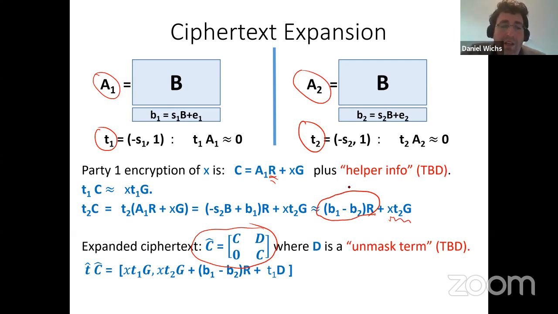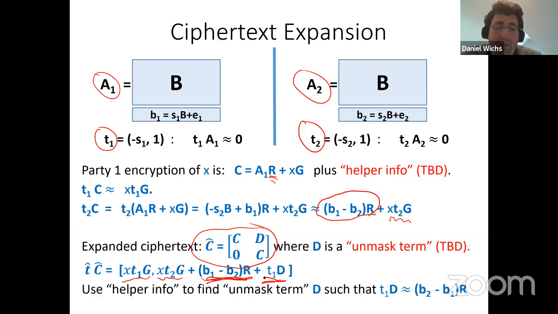Okay, so if I define C hat this way, when I decrypt it by the expanded secret key, I get almost what I want. So I get X T1 G on the left, and I want to get X T2 G on the right, but I'm going to get the blind term over here plus T1 D. So I want to choose D carefully so that T1 D is equal to B2 minus B1 R, so that they cancel out.